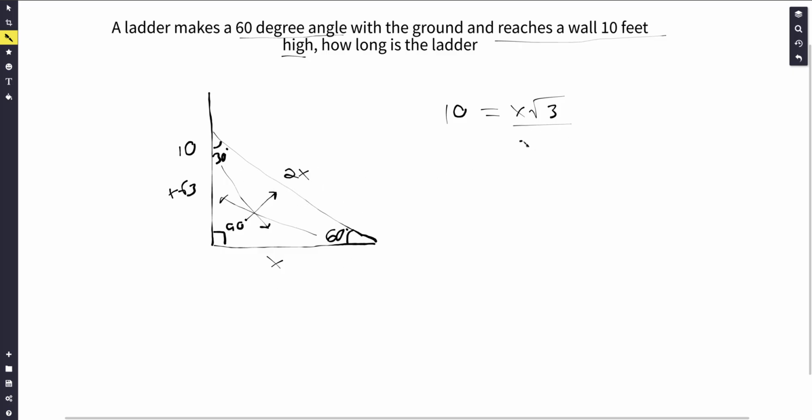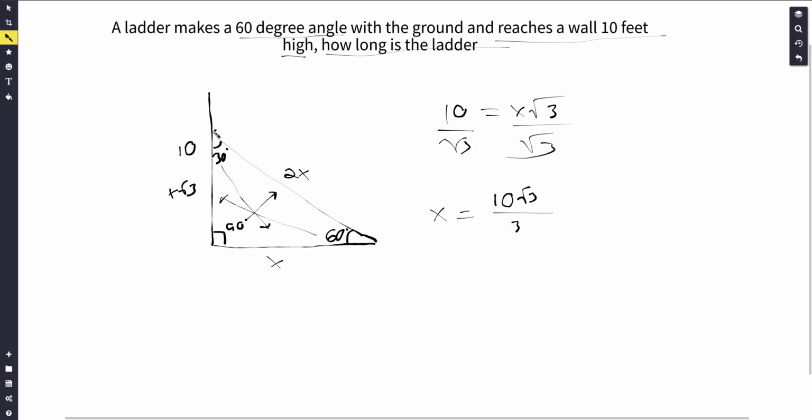So let's divide both sides by root 3. And we find that x, with a little bit of rationalization, is equal to 10 root 3 over 3. Or you can just leave it as 10 divided by the square root of 3 equals x. Okay, so now we know what x is equal to. Now our goal is to find how long the ladder is.